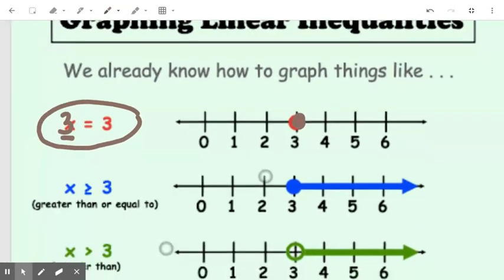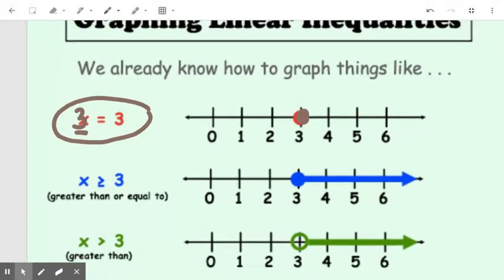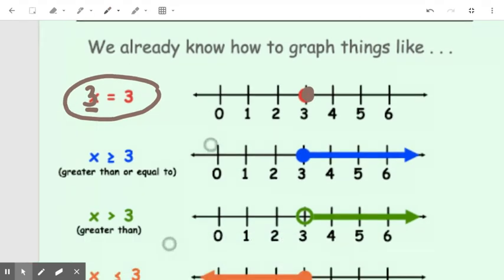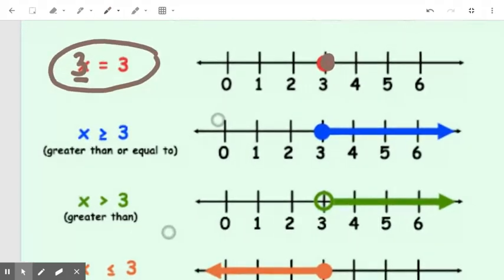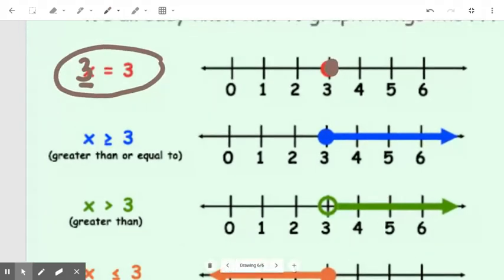Now, after we get past equations, equal signs, we talk about inequality. So these next two, greater than or equal to and greater than, have different looking graphs. If I ask you to look at x greater than or equal to 3, remember when you're filling in a number for x, it can be any number greater than 3 or also equal to 3.